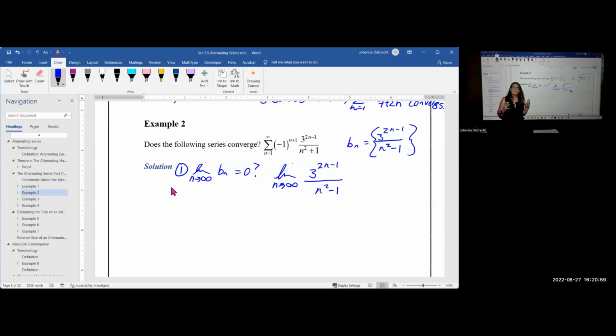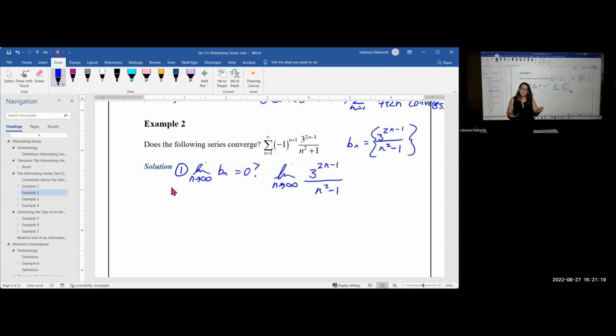Now, if you're thinking of the relative growth theorem, you already know what the result is going to be. All exponential functions grow on an order of magnitude larger than any algebraic function. And because that's true, we know that this is going to go to infinity.